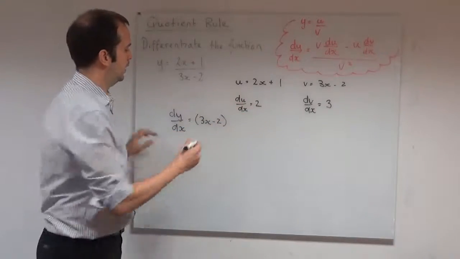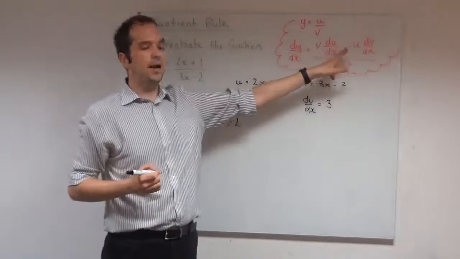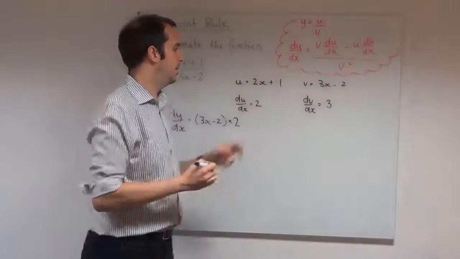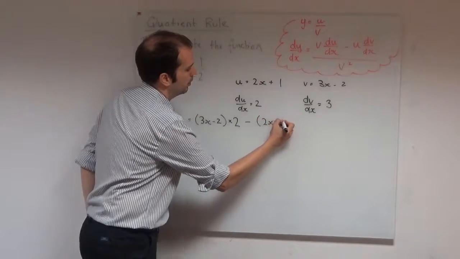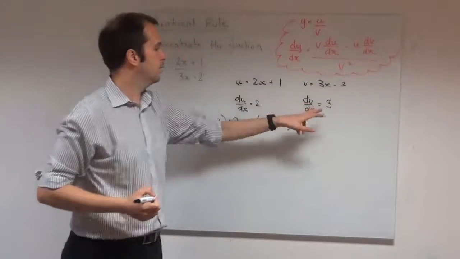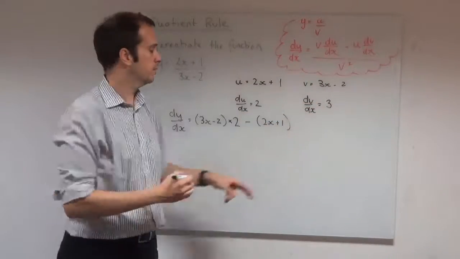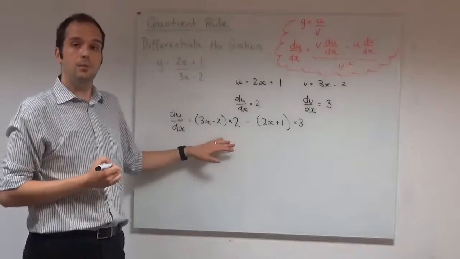So du by dx is 2. Then I have minus, then u, so it's going to be minus 2x plus 1, multiplied by dv by dx, which we found to be 3. So that's our numerator done.